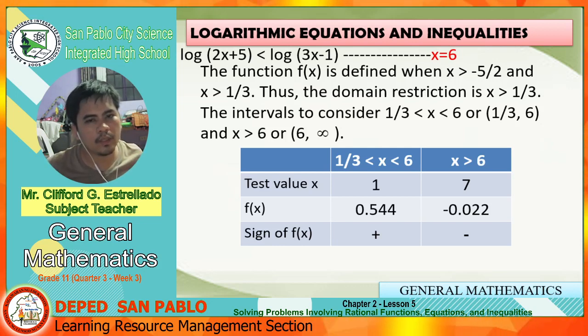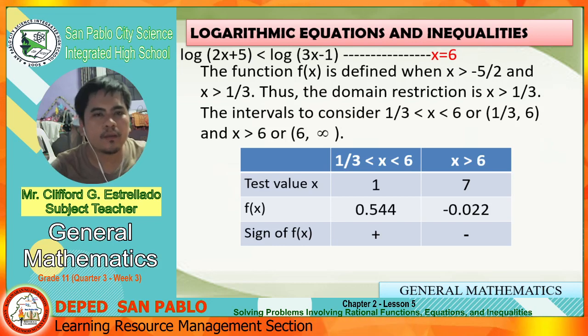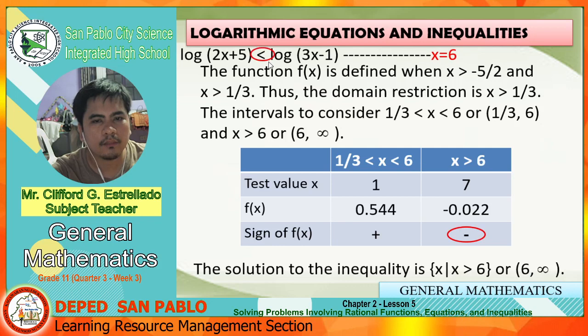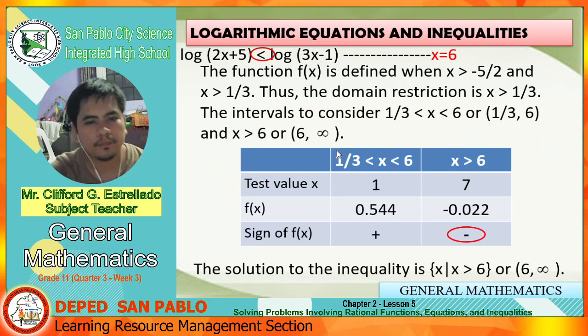So, sabi natin kanina, kapag yung nandito ay less than, okay, so ang gagamitin natin, yung negative ang kukunin natin dyan. Okay, so negative ang kukunin. So, pag nakuha na natin yung negative, so meaning the solution to the inequality is x is greater than 6. Okay? Next.